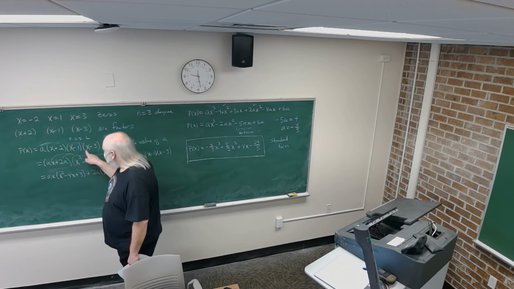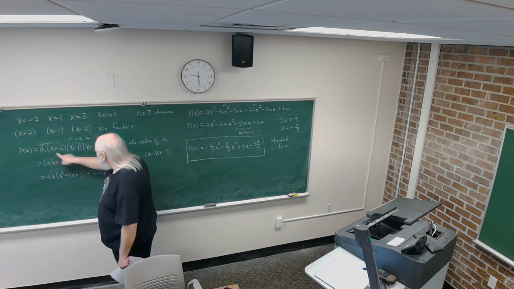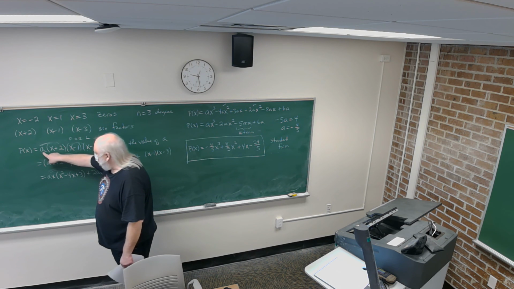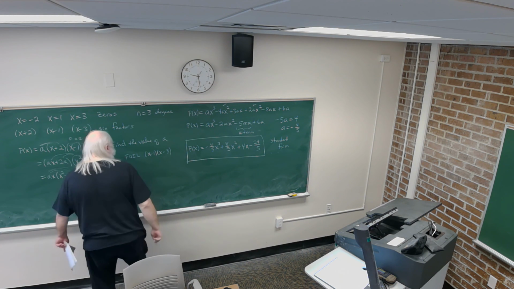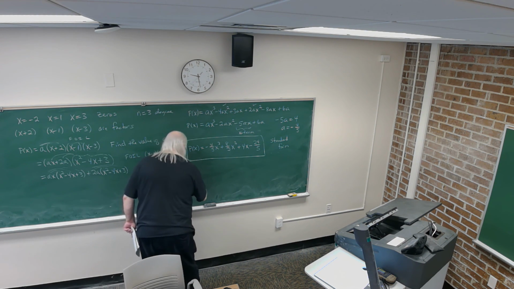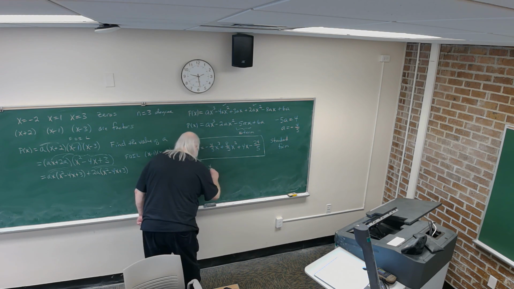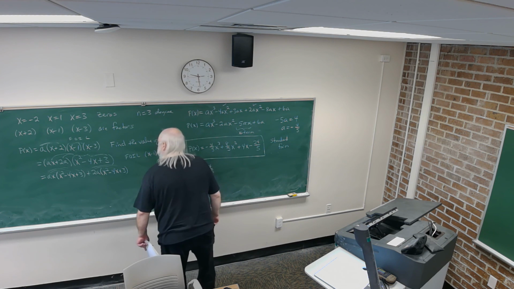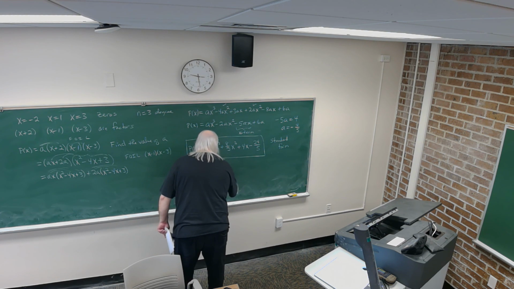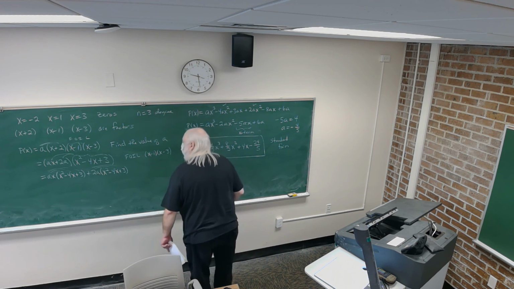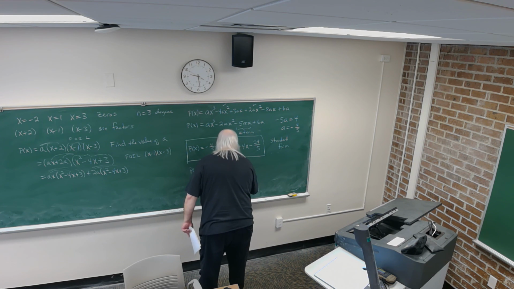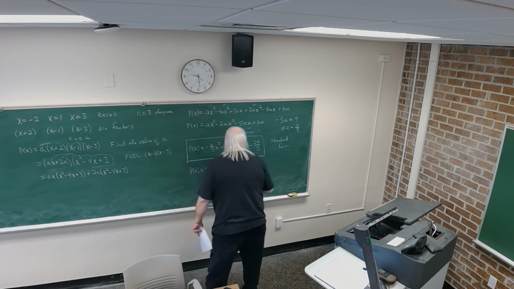So in factored form, this is our third degree polynomial in factored form. We replace a with minus 4/5. And we have minus 4/5 times x plus 2 times x minus 1 times x minus 3.